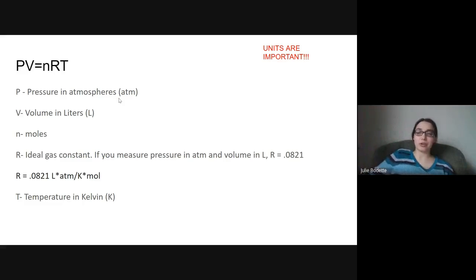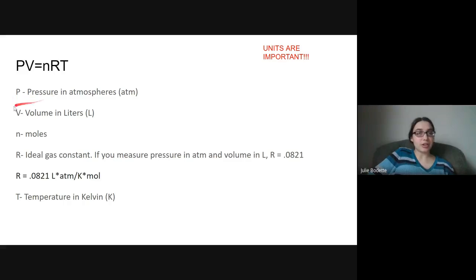Like you're on Earth, Earth has 1 atmosphere, right? So 1 atmosphere would be sort of like a normal pressure. If you're under a lower pressure, maybe it's only half an atmosphere or something. Maybe if you're under a high pressure, it would be like 2 or 3 atmospheres, something like that, right? So atmospheres is just our unit for pressure. And you can measure pressure in other units, but to keep things simple, let's just stick with atmospheres for now.